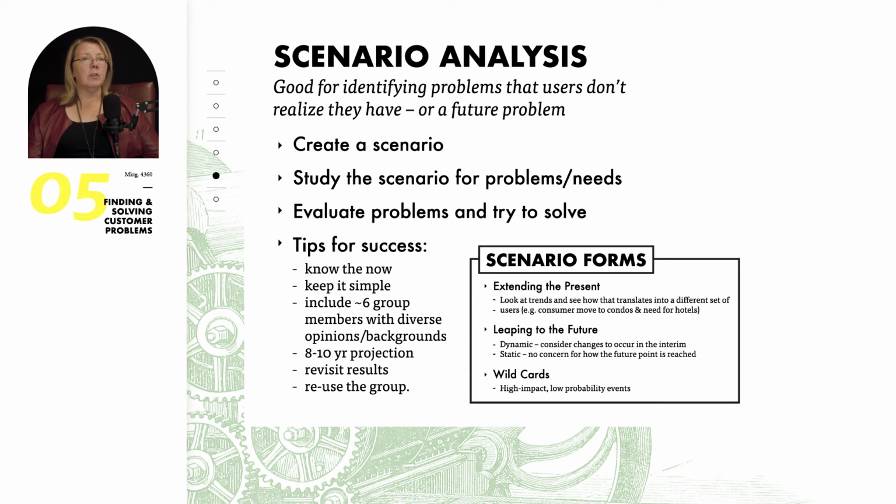So for example, I'm going to talk about the scenario forms. There's several different kinds here that marketers will work with. In one case, they'll extend the present situation. So, for example, you could look at a trend in the market towards consumers buying condos, which are smaller living quarters.